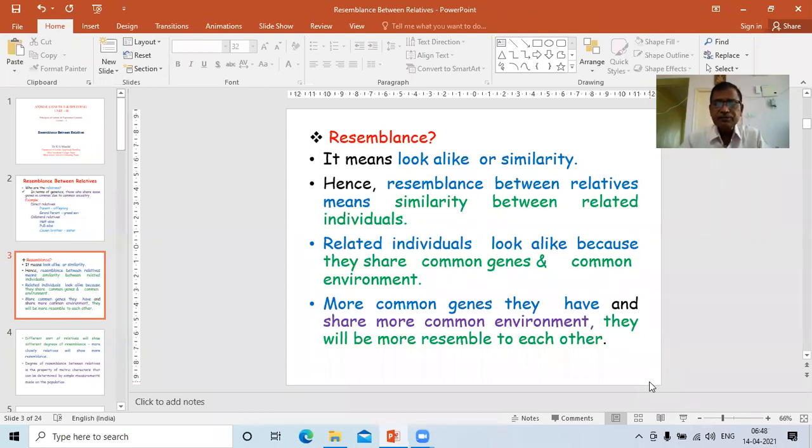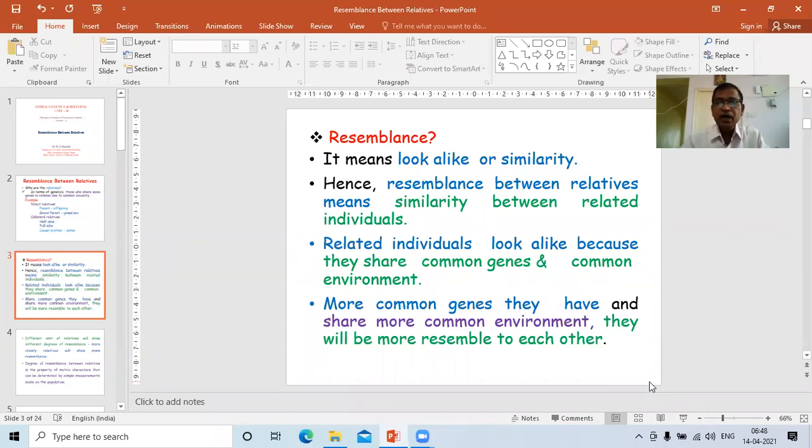In terms of similarity, that is monozygotic twins. Monozygotic twins are similar 100%, because monozygotic means when one zygote is cleaved in half into two daughter cells, and both the daughter cells develop into independent progeny, then they are called monozygotic twins.